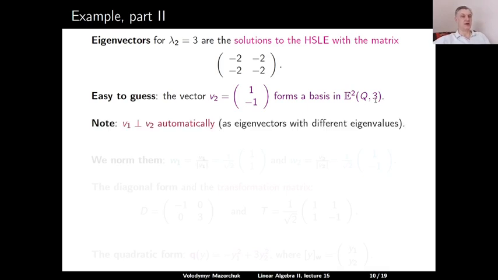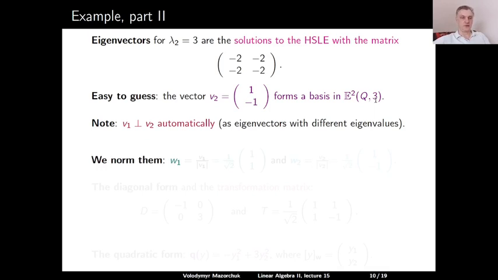So the vectors v1 and v2 are automatically orthogonal because they are eigenvectors for a symmetric linear operator corresponding to different eigenvalues. So to get an orthonormal basis, we only need to norm these two vectors. The length in both cases is the root of 2.